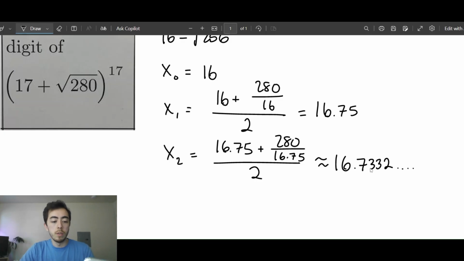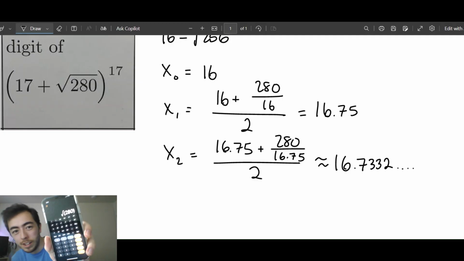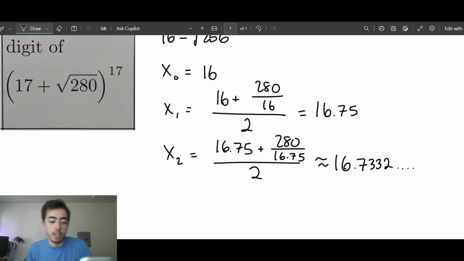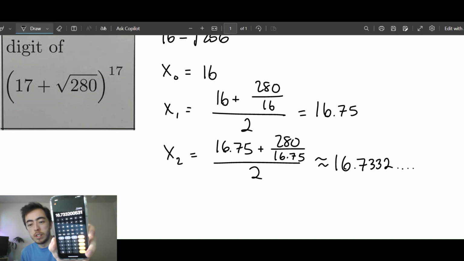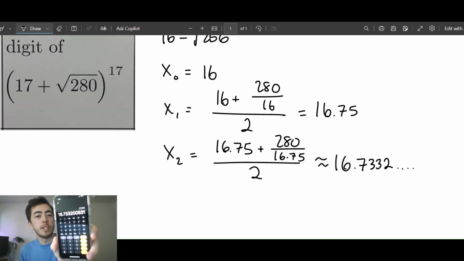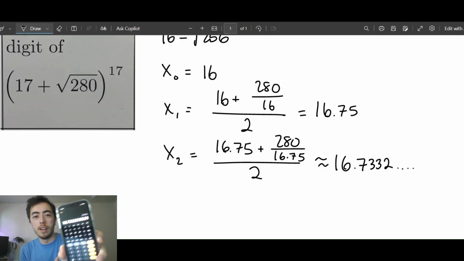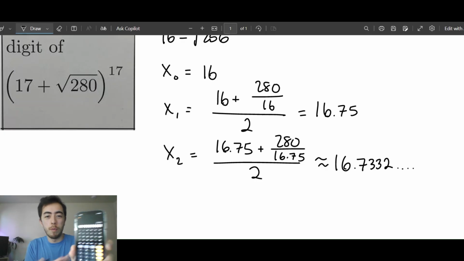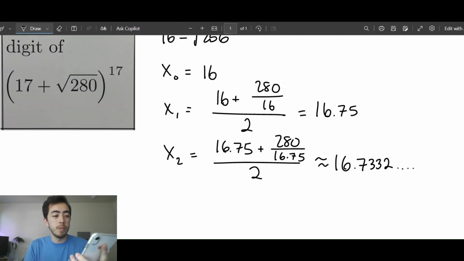And then if you want, I'm using a calculator right now, so I might as well just take the square root of 280 anyways. And it's actually pretty darn close. So this approximation method basically got the square root approximation to 5 decimal places, because there was actually a 0 here before I started doing all those dots.